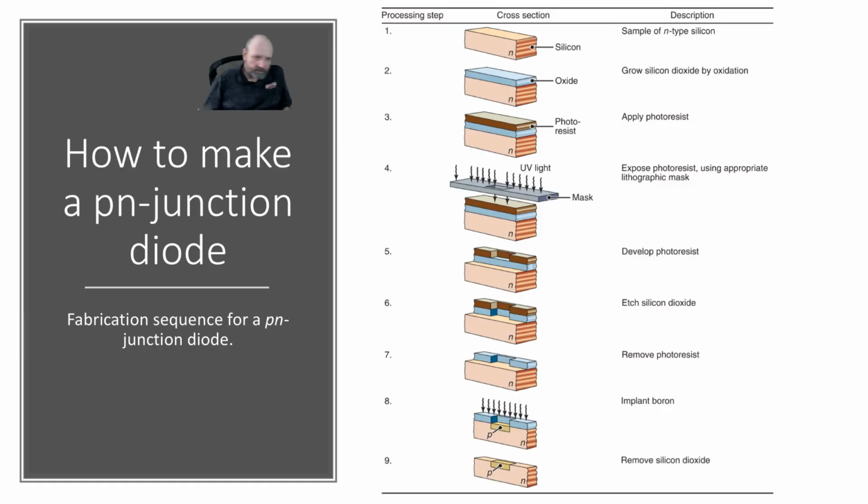All right, so here's the next part of part 4 from Chapter 28 lecture. This is how to make a PN junction diode. So again, we're doing layer by layer. We're doing process steps, and if you start at the top, where it says number 1, and work your way down to where it says number 9, you can get an idea of how a PN junction is made.